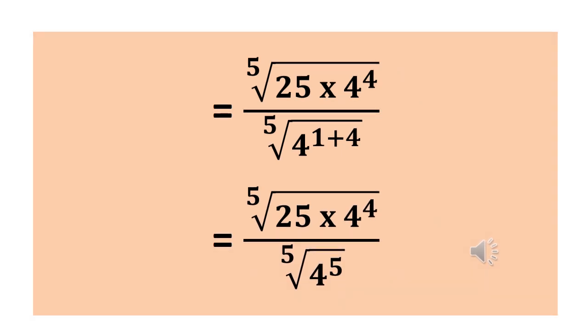Now if we add the exponents in the denominator together, 1 plus 4, we get 5. So we have the fifth root of 25 times 4 raised to power 4 all over the fifth root of 4 raised to power 5.